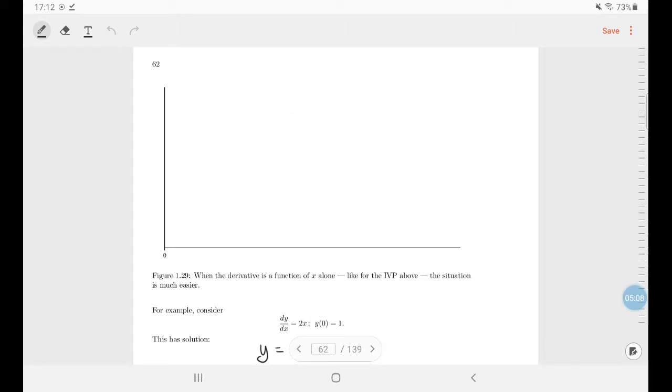Okay, so this is just a condition that we're going to see. Occasionally you will have seen that I write dy/dx equal to a function of x alone. What that means is it's just a condition to make the analysis a little bit easier.